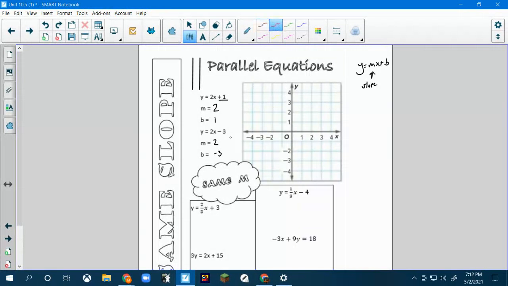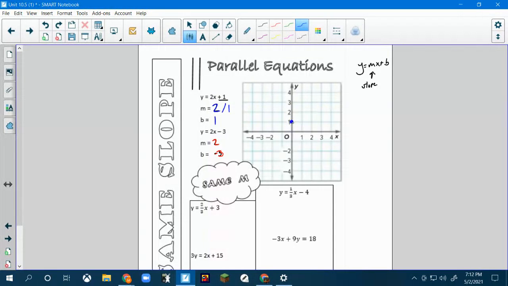Let's change the colors on these. Let's make our first equation blue and our second equation red. Our first equation has a slope of 2, that's 2 over 1, up 2 and to the right 1, and it starts at positive 1.